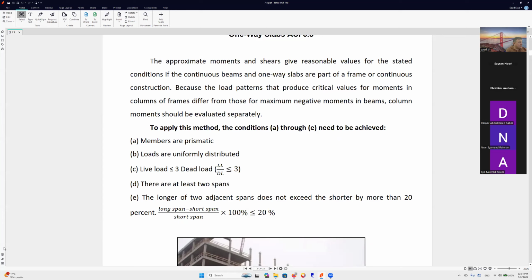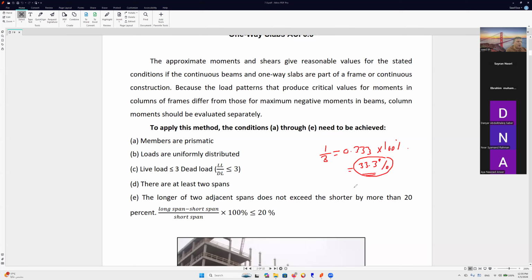Times 100 percent, it is equal to 33.3 percent.